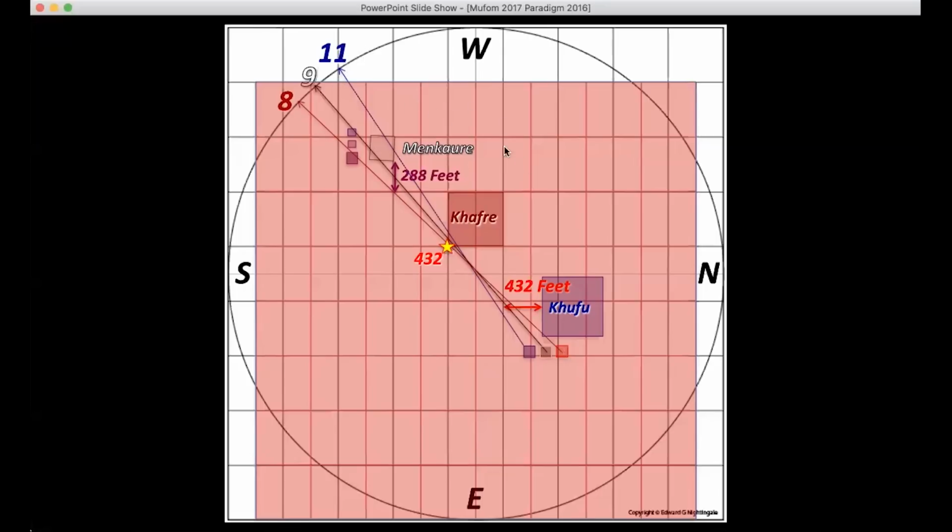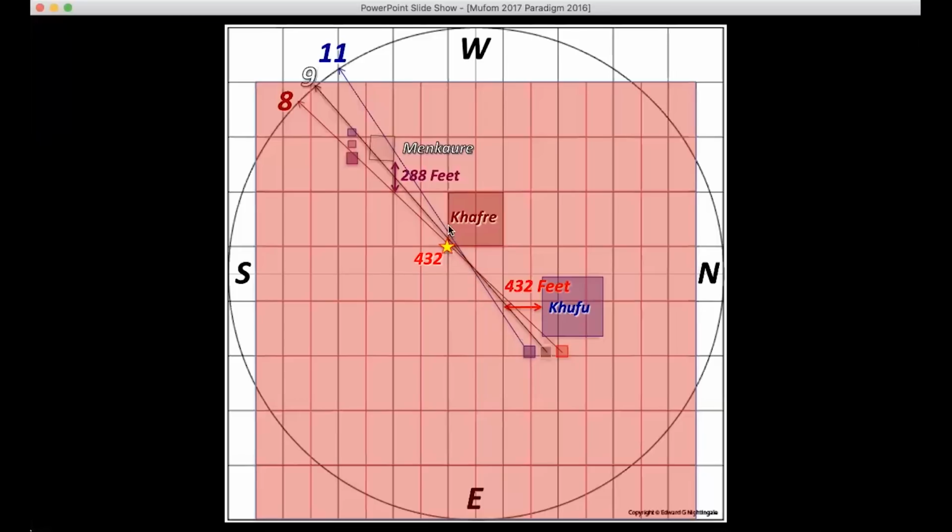And the pyramid that would be furthest south would divide, if we drew a line from that pyramid through the center of the circle, it would point to a division of 11 of our circle.